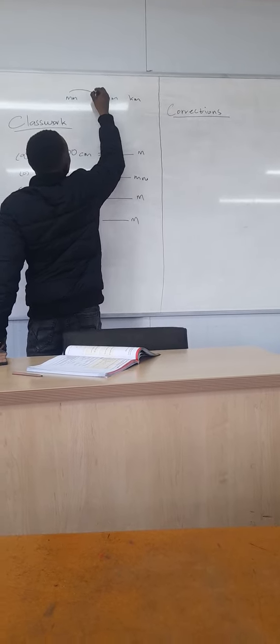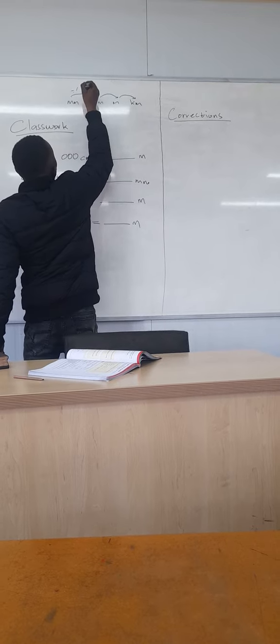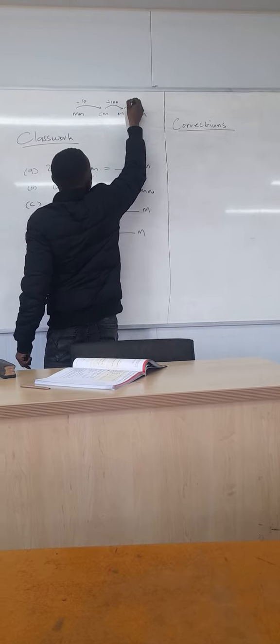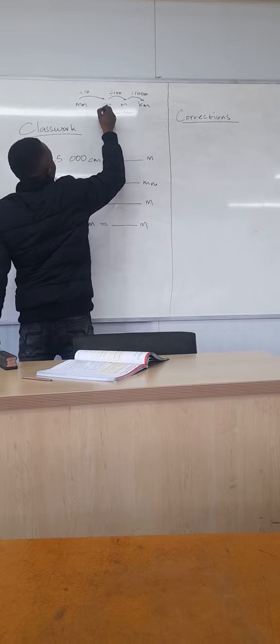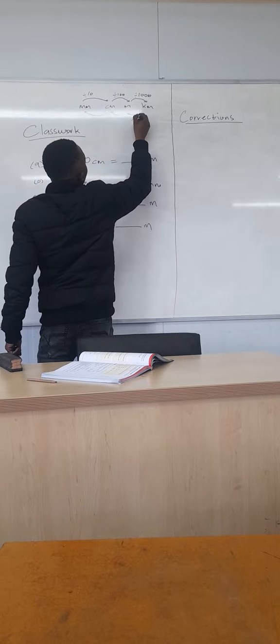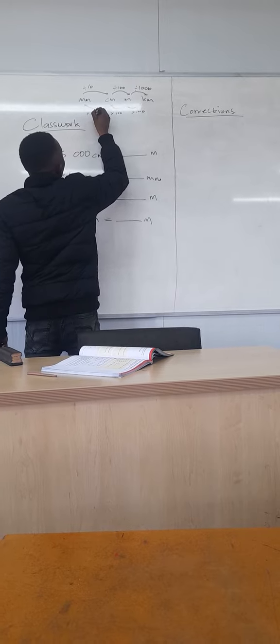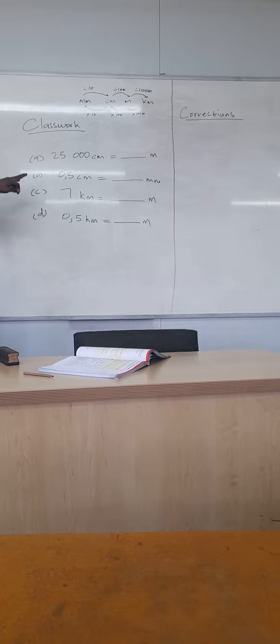From here to here, we divide by 10. We divide by 100. We divide by 1,000. Then from bigger unit to smaller unit, multiply by 1,000, 100, multiply by 10. So let us look at our first number.